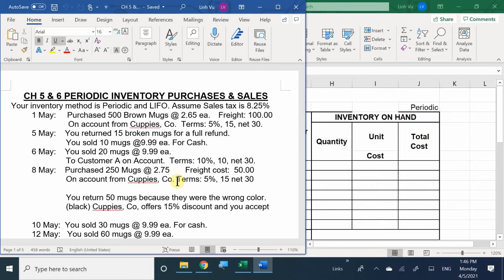The terms are, if we pay within the 15, we get 5% off if we pay in the first 30 days, everything before 30 days. Good. So here we have a transaction.